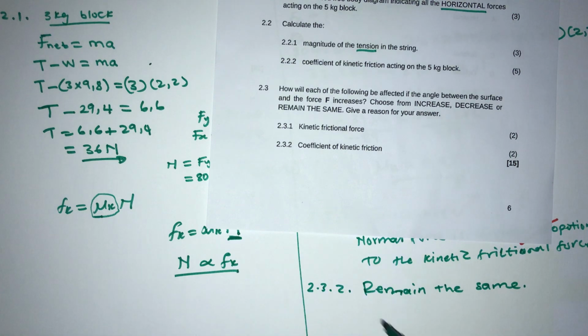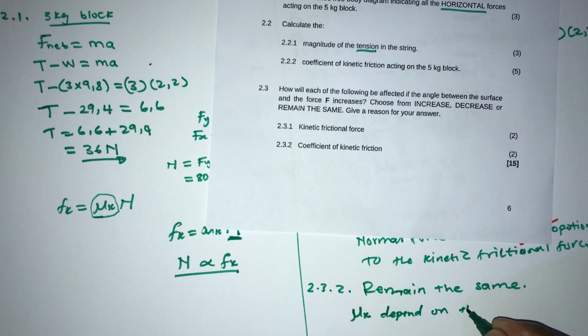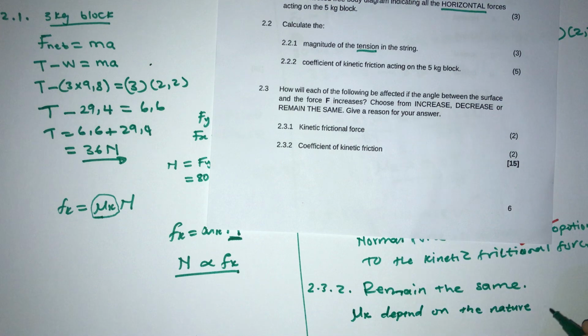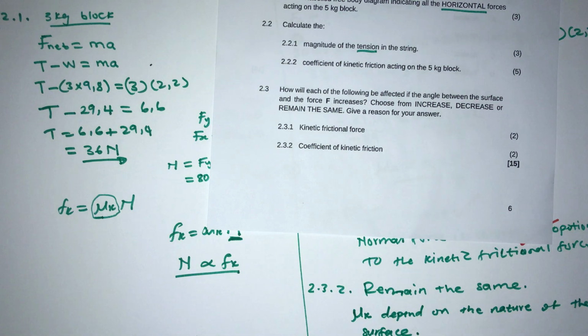So now, what is the reason? The reason is the coefficient of kinetic friction depends on the nature of the surface. So the coefficient of kinetic friction, it depends on the nature of the surface only.